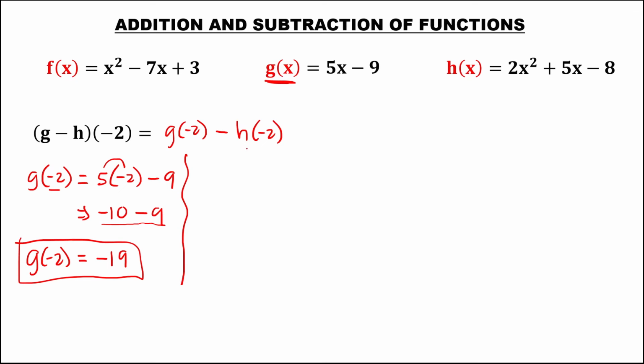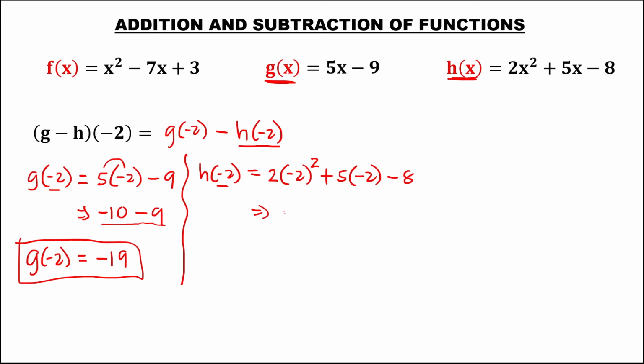Then we also need to find the value for h of negative 2 from h of x, but x is equal to negative 2. So this becomes 2 times negative 2 to the power 2, then plus 5 times negative 2, then minus 8.